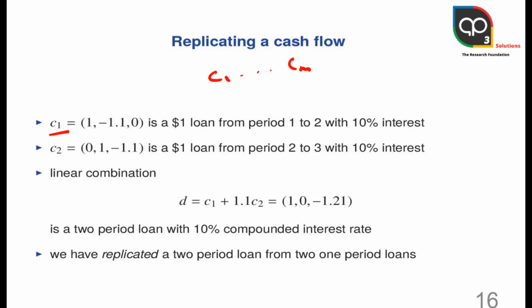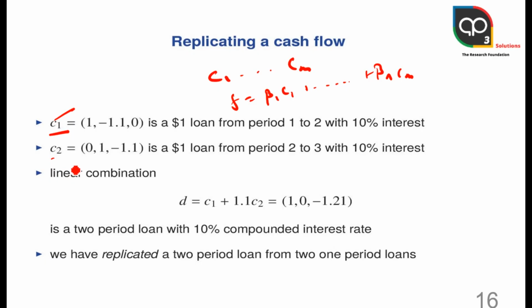So the linear combination here is the function f, which is equal to beta 1 C1 till beta m Cm, that represents another cash flow. So we say that the cash flow f has been replicated by the linear combination of the original cash flows, that is like C1 or C2 or Cm.